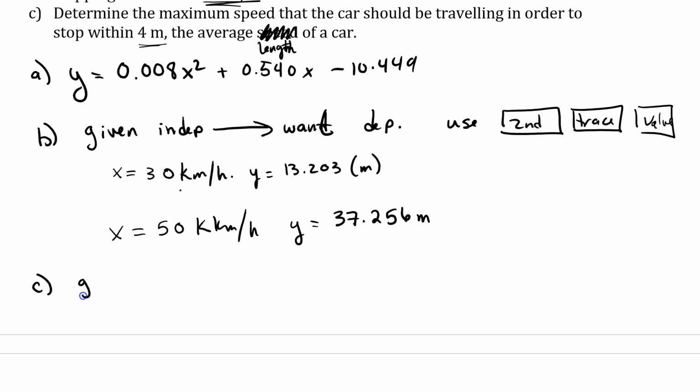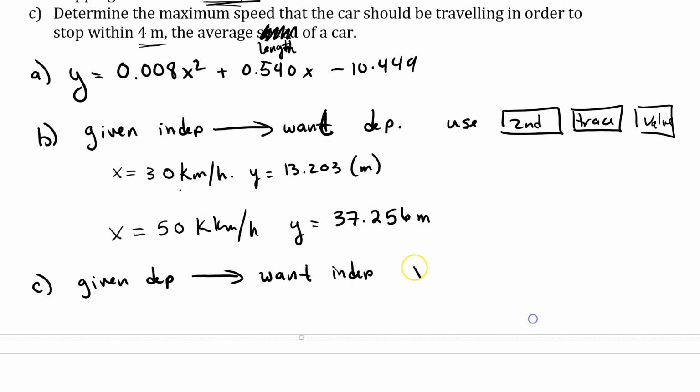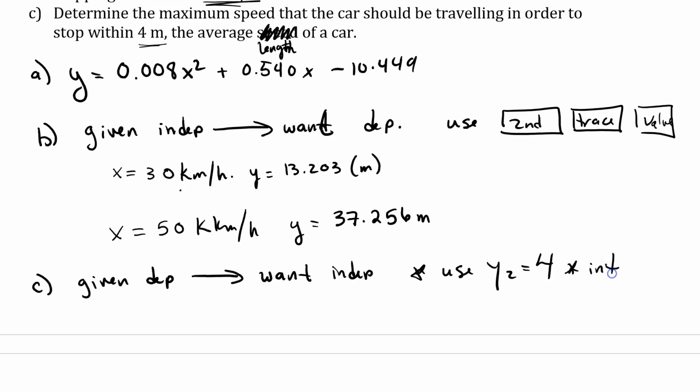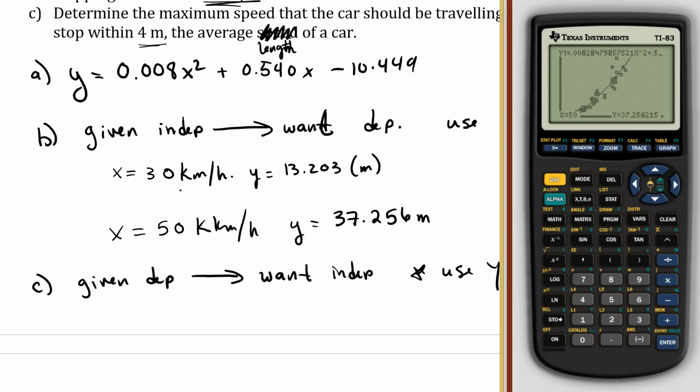So here we are given our dependent, our stopping distance, and we want our speed. So we are going to use y2 equals the value, so 4, and intersect. So I'm going to go to my graph.